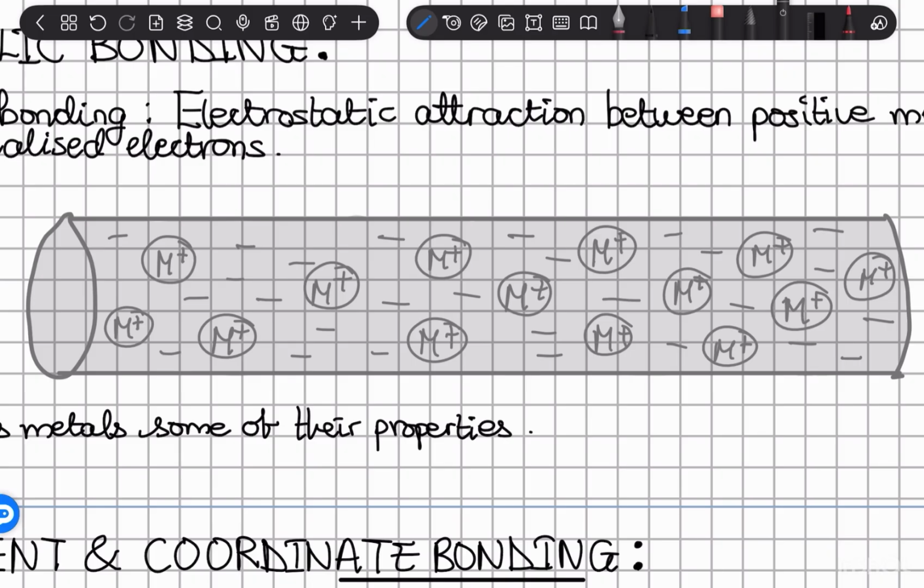It makes the metal hard, it makes it malleable, which means that you can easily bend this metal by striking it with a hammer or something. And ductile just means that the way it's arranged, sort of in layers, you can rearrange the layers and everything.